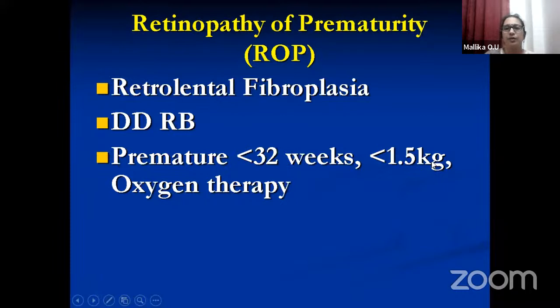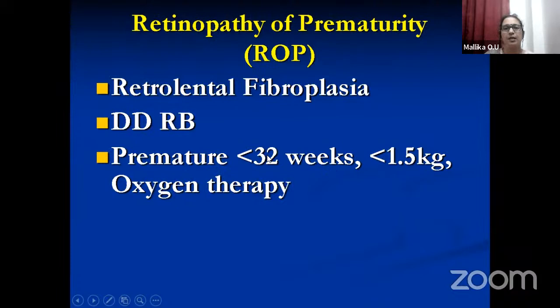Even if the birth weight is normal and the baby is preterm, or even if the baby is 34 or 36 weeks but birth weight is less, with other comorbidities like septicemia, oxygen, hyperbaric oxygen supply, all these can lead on to it.